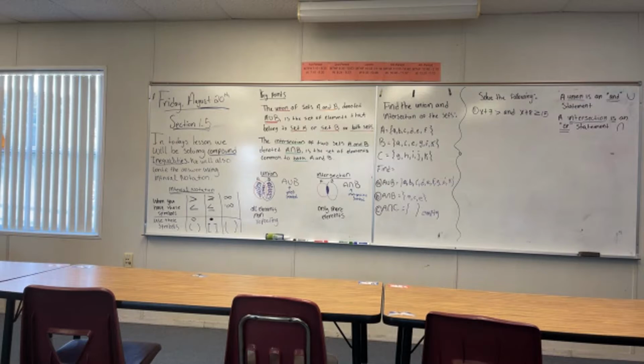So let me double check something. I just saw the board and something just said, wait a minute. Something might be wrong. What section is it? 1.5, right? Oh, there are so many examples I haven't looked at yet.